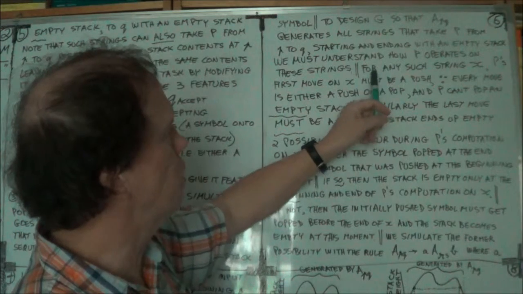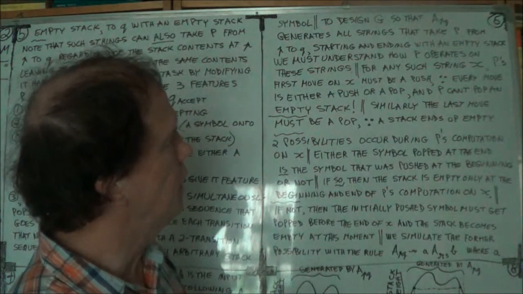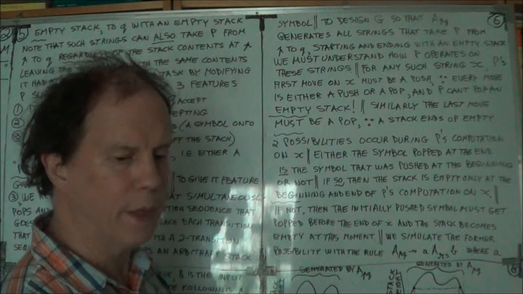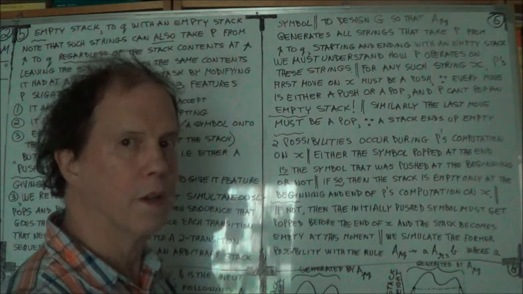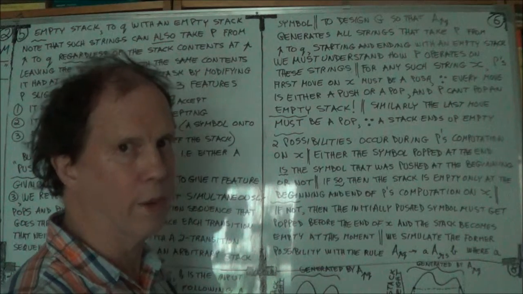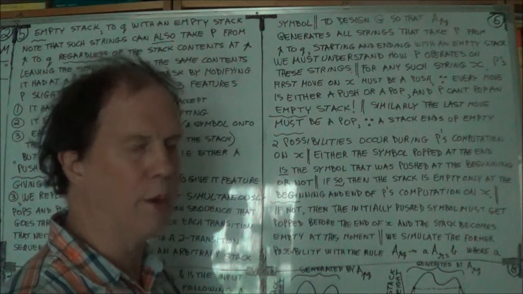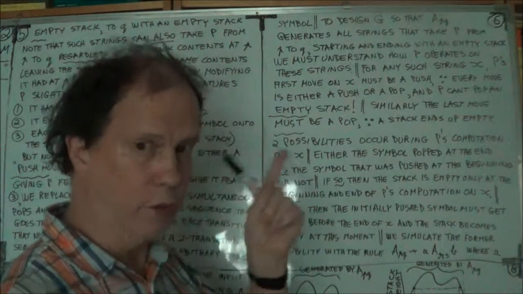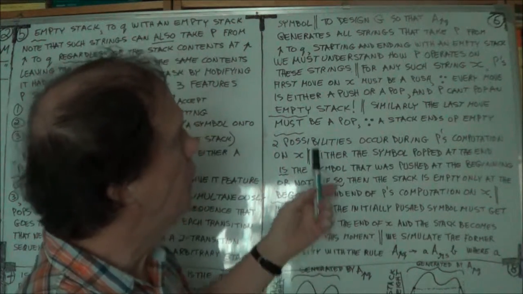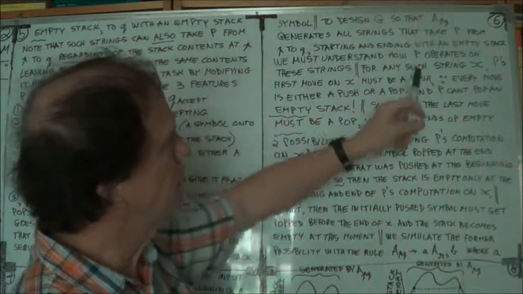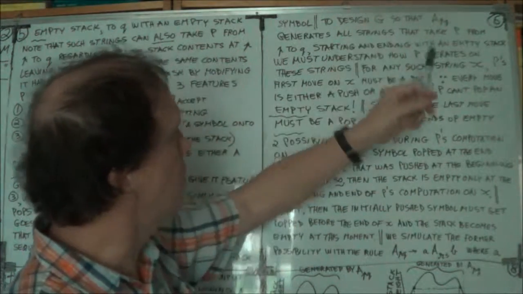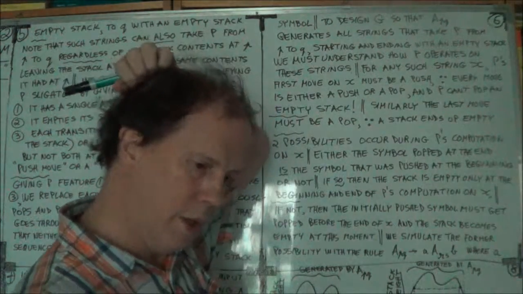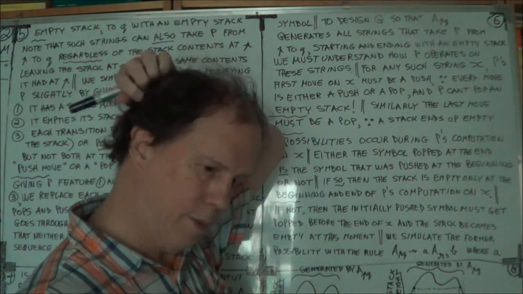Now this machine, this modified P, can only push or pop at each transition. Okay, it can't do nothing and it can't do both. It's either got to push or pop at each transition. Important remark. All right. Okay. So let X be one of these strings that this variable generates. Okay.